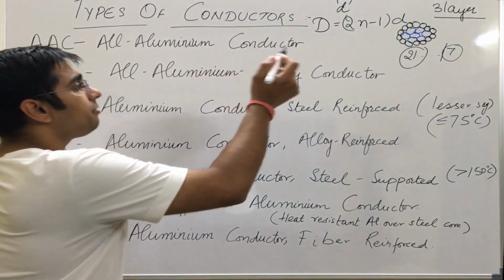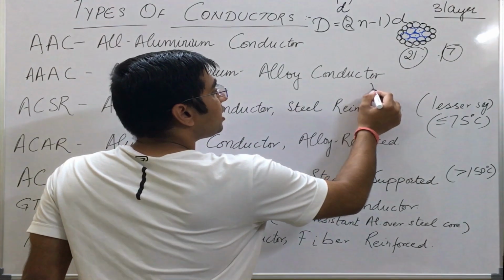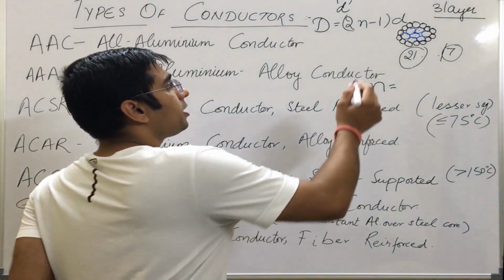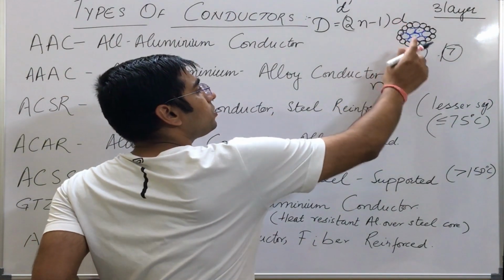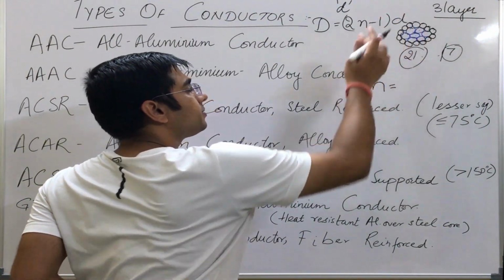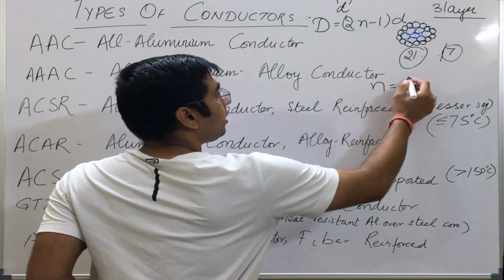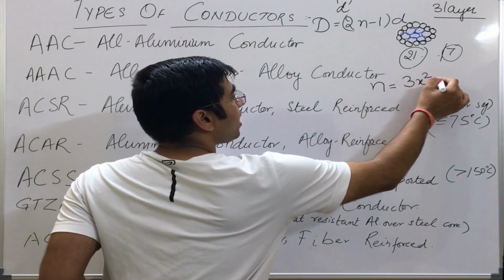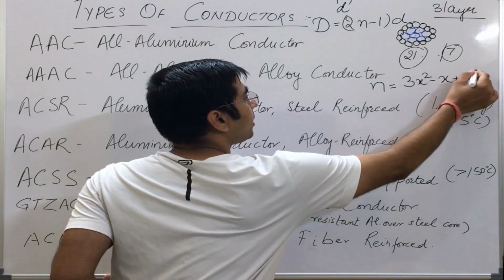And if we want to know the number of strands, if we know the number of layers, it will be 3x squared minus x plus 1.